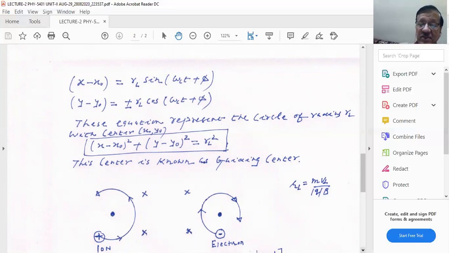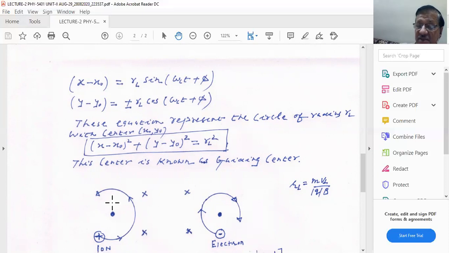Here I have shown two pictures. One is the ion gyrating along the field direction. The other is an electron, but the direction of gyration is exactly opposite. Here the electron is gyrating in a clockwise direction, and the ion is gyrating in an anti-clockwise direction.